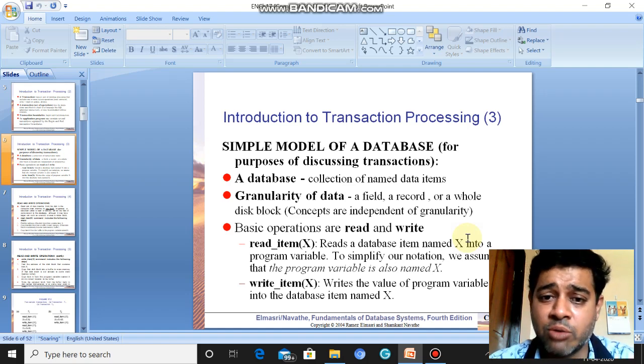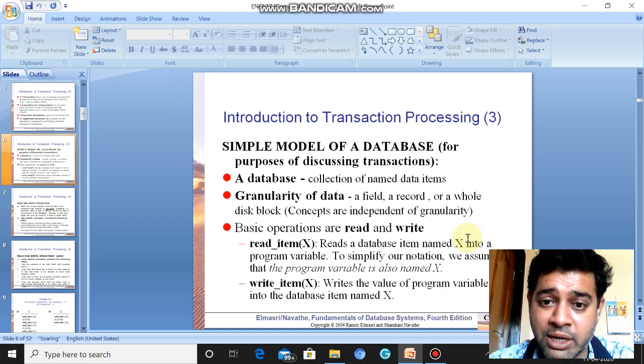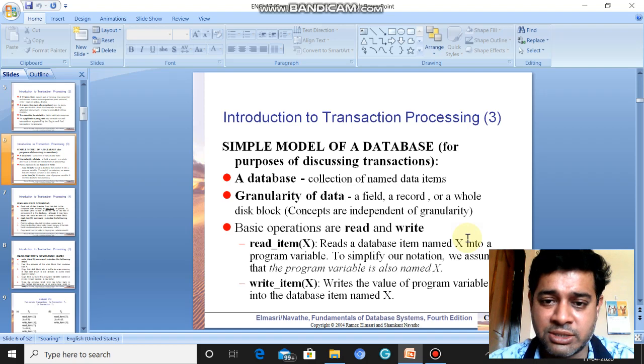And what are the basic operations that we need to perform on this database? Probably you have seen something in the operating system also, called read and write. You have probably also seen a cache in the operating system. A cache is nothing but a temporary memory, where the data goes and sits when you are accessing items.